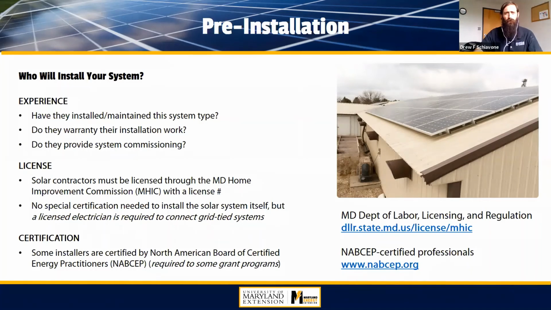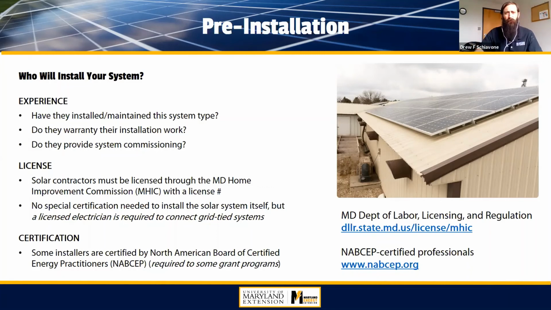Look at warranties and system commissioning and other things, but I want to touch on some of these other factors here. Licensing and certification. I'll say solar contractors have to be certified through the Maryland Home Improvement Commission, and you can get their license number at the website that's provided on the slides here. If you miss it now, the video and the resources will be posted online, but you can go on their website.